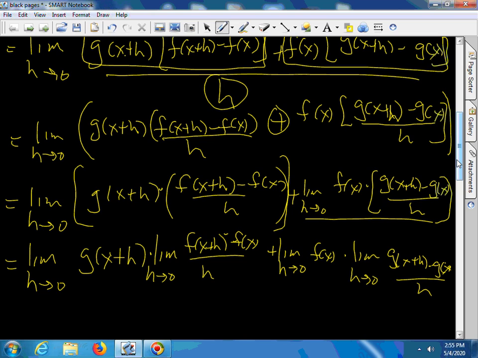Now, the first limit we have to look at carefully. So let's come way down here. What is the limit as h goes to 0 of g of x plus h? Now, we're going to assume g is differentiable.